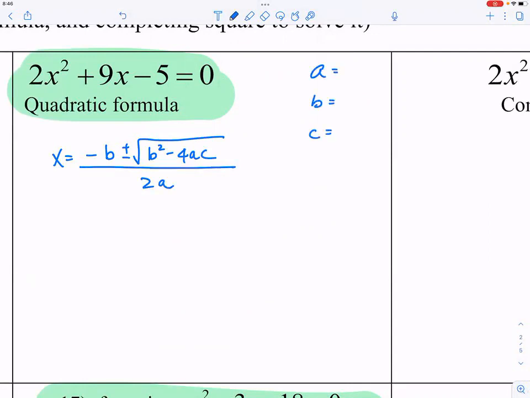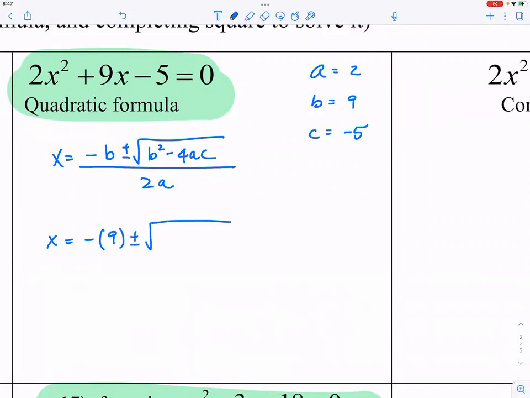And you can write down the a, b, c values so that you can plug in properly. What's the a value? 2. B? C?